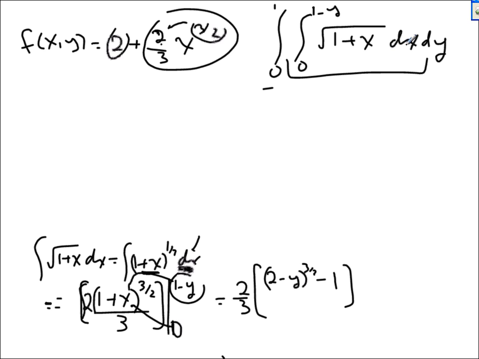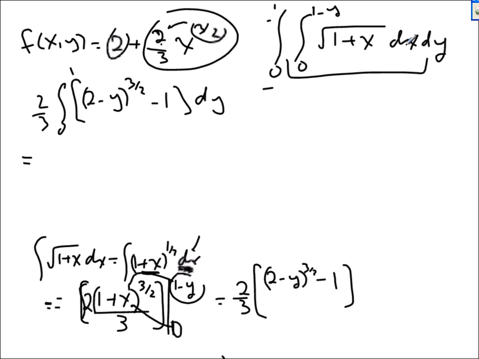All right. From 0 to 1 we integrate now. The integral from 0 to 1 of the 2/3 I pull in front, 2 minus y to the 3 halves minus 1 dy.